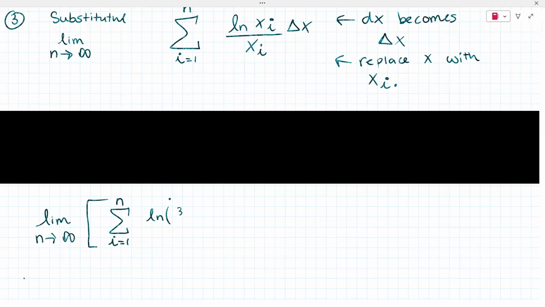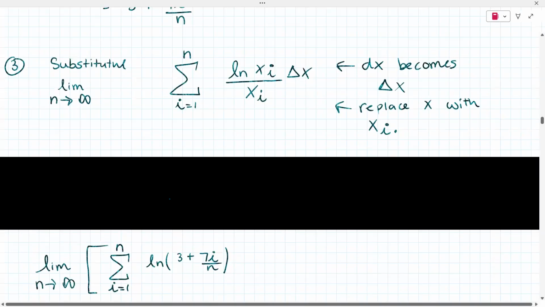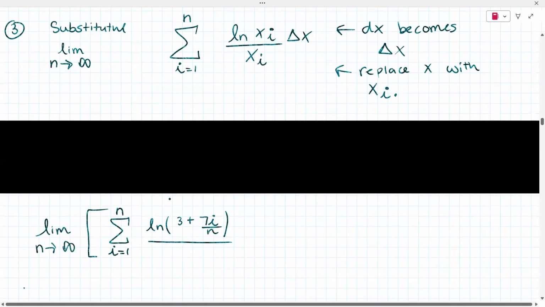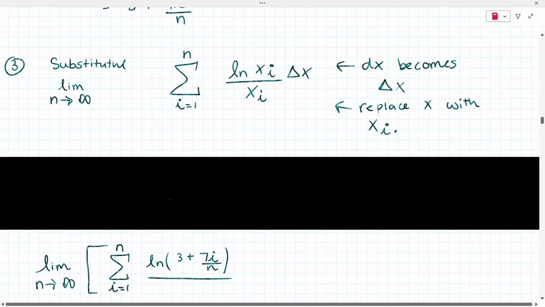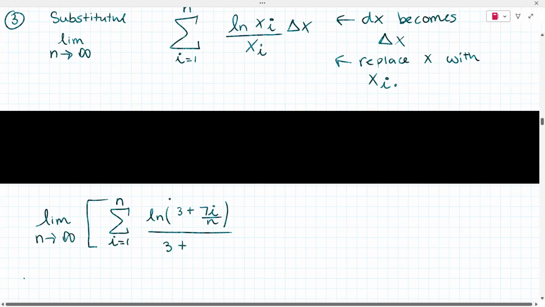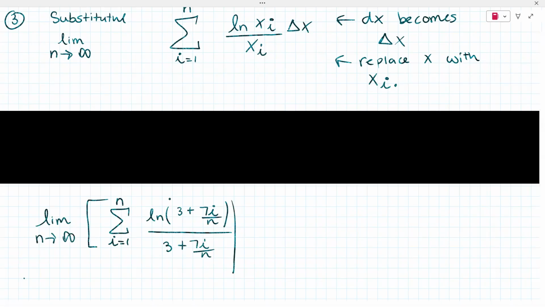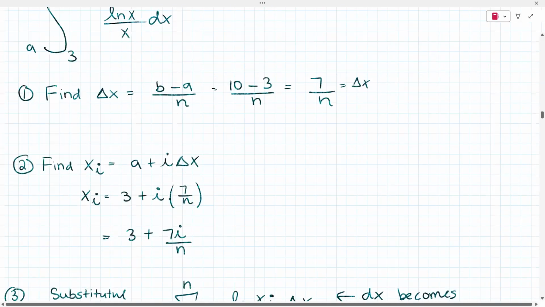So it's ln of 3 plus 7i over n, over x sub i. So what is our x sub i? It is 3 plus 7i over n, times delta x, and our delta x is 7 over n.